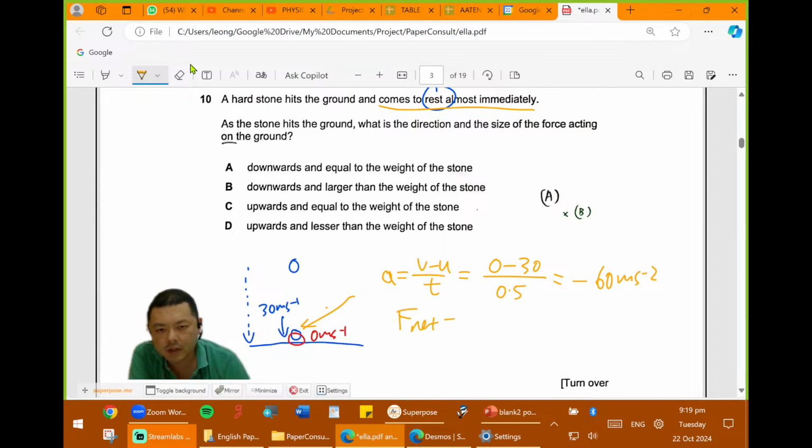What is the resultant force? Let's say the stone is 1 kilogram. Resultant force will be 1 times 60 newtons. So the stone experiences a resultant force of 60 newtons. Agree?